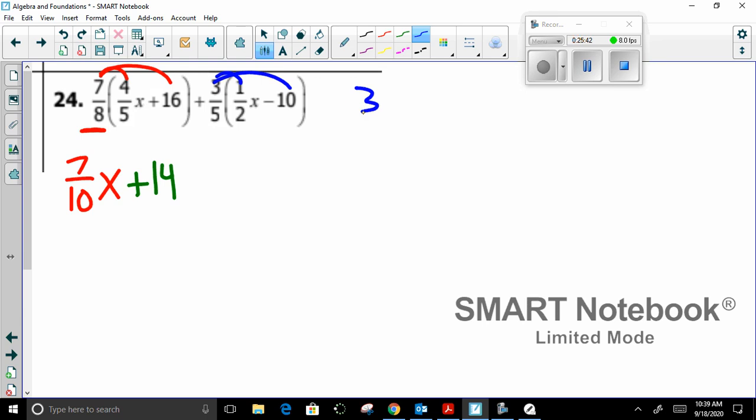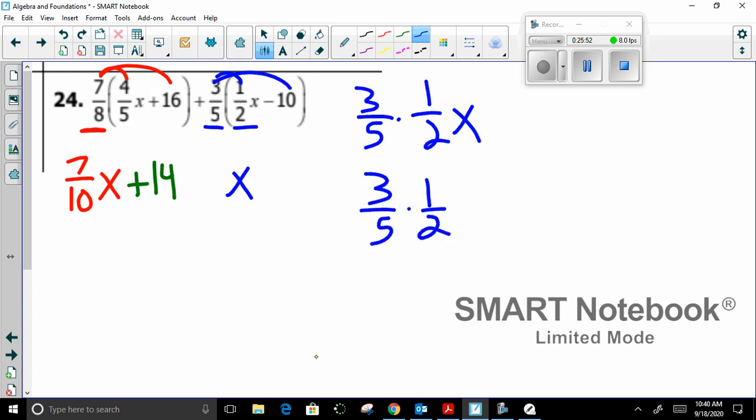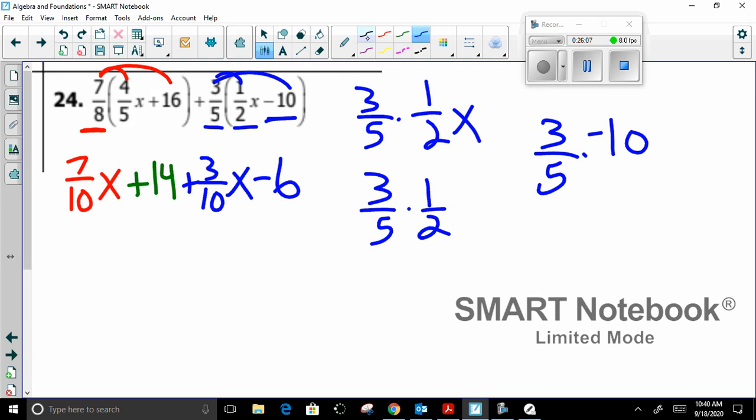All right, so 3/5 times 1/2 x. Keep the x, multiply the numbers, and I believe that's going to give you plus 3/10 x. And now I have 3/5 times -10, and that is going to give me -6.